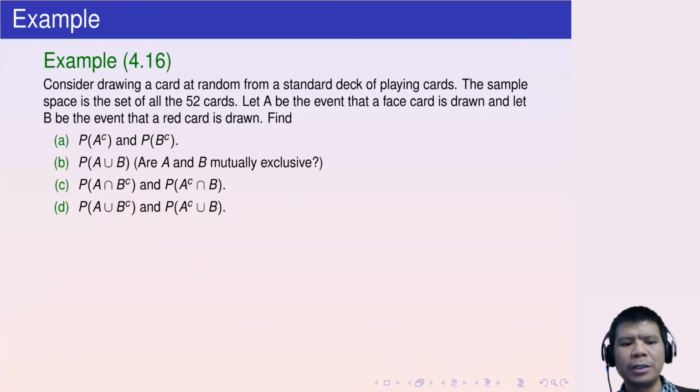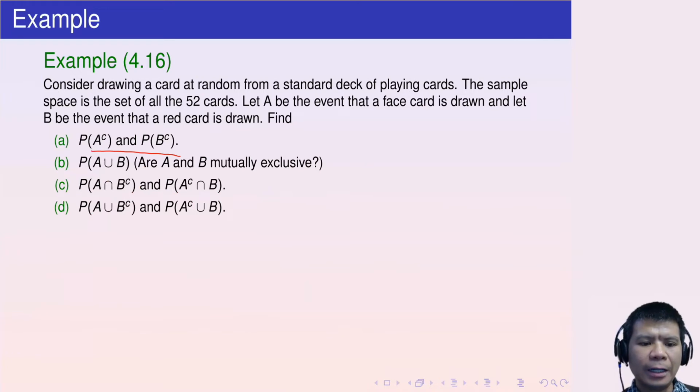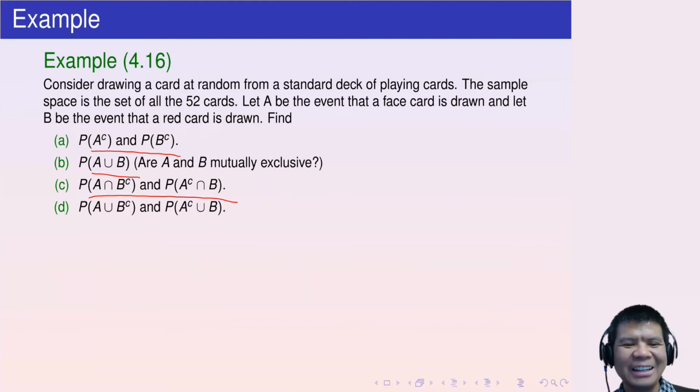The sample space is this one, A is the event that a face card is drawn, B is the event that a red card is drawn. We want to find the probability of these ones. We already found these three. Now the only question left is D.